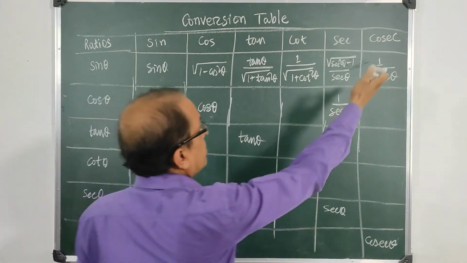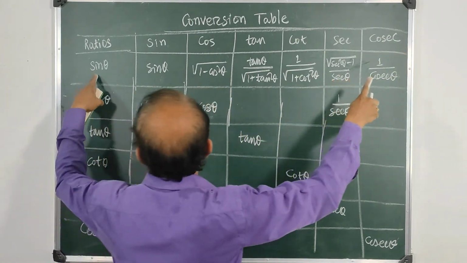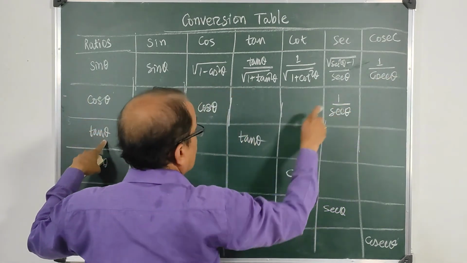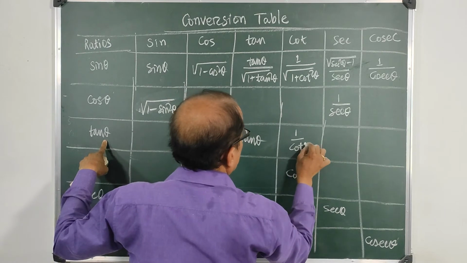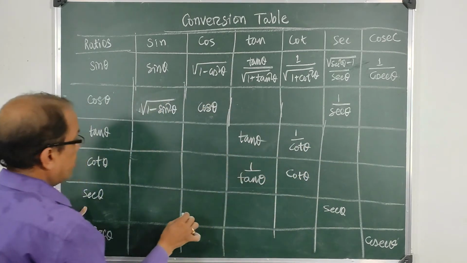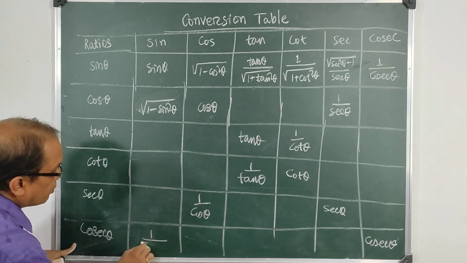And go for the reciprocals, that is go in this diagonal. Sin in cosec form is 1 by sec theta, cos is 1 by sec theta, tan will be 1 by cot theta, cot will be 1 by tan theta, sec will be 1 by cos theta, and cosec will be 1 by sin theta.